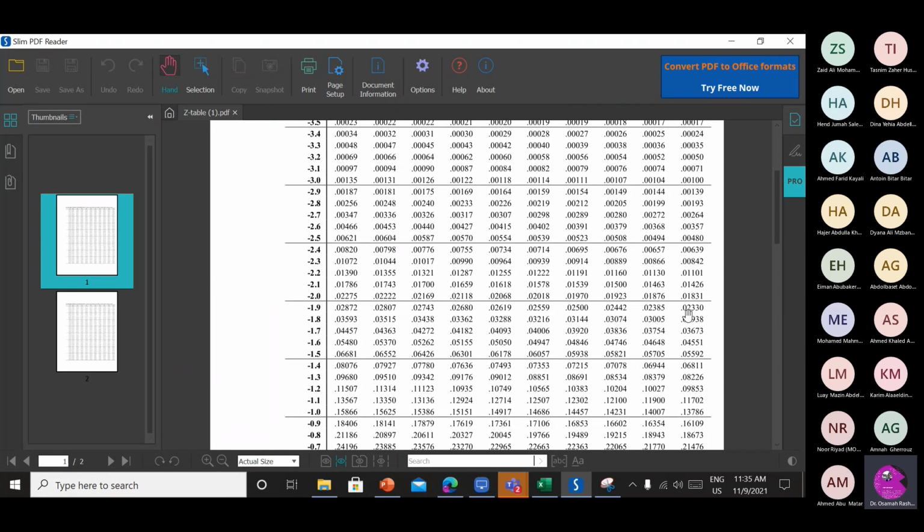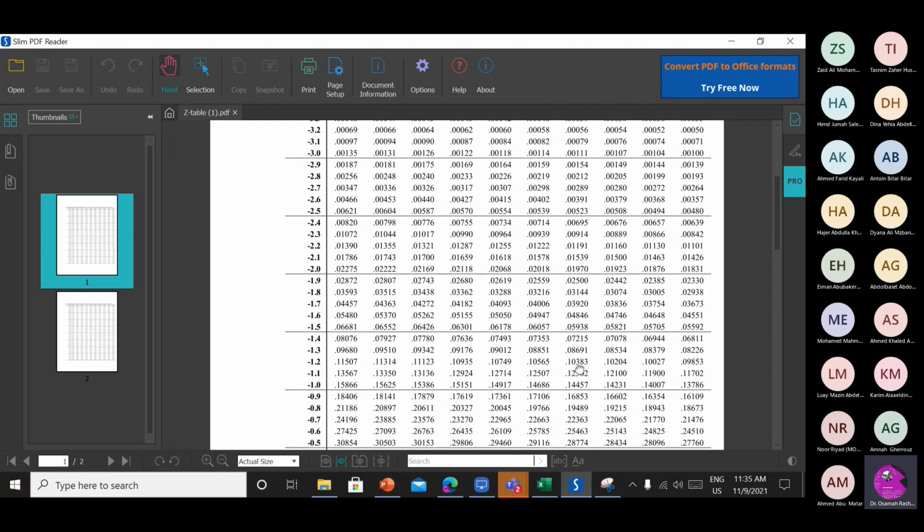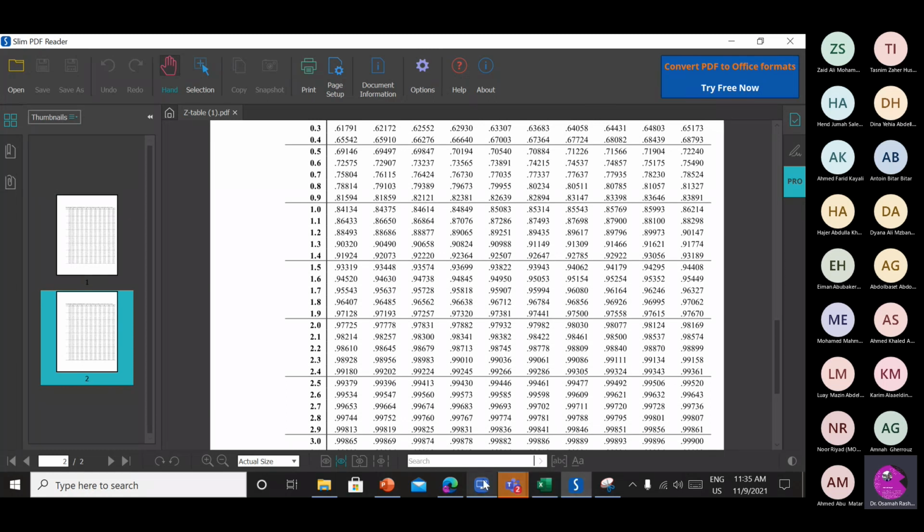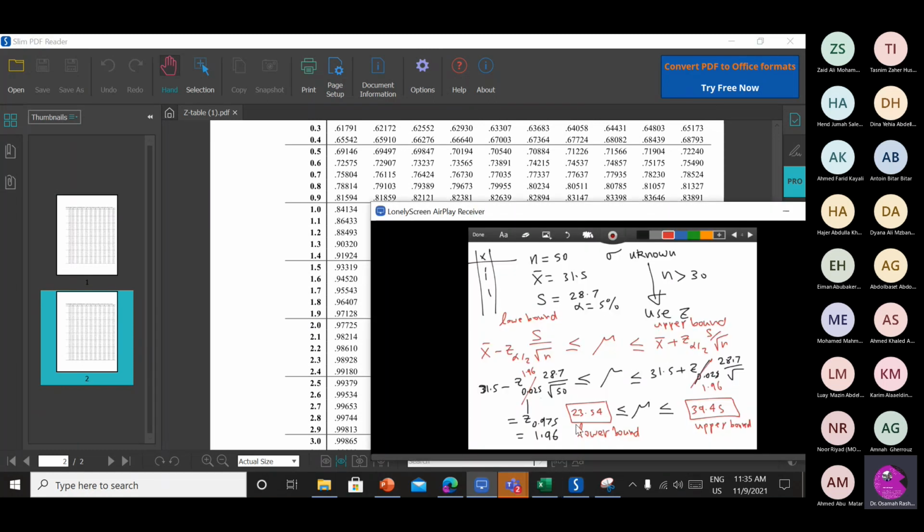So it will be here, right? If you don't have the negative Z table, you have the positive Z table. And as I explained to you, and you know from the previous prerequisite, Z alpha over 2 is exactly Z at 0.025. This is the area you are looking for here, 0.025. But you have Z negative.